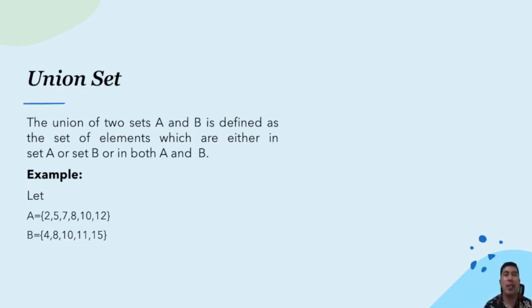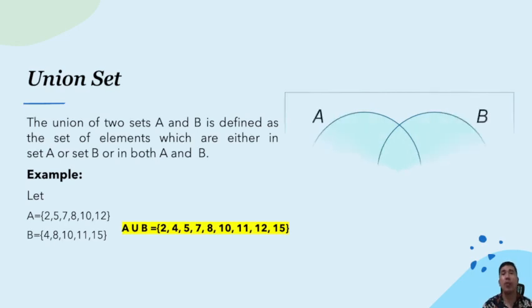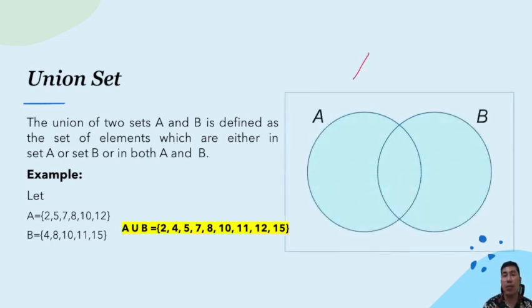Let's say for instance we have set A, which has elements 2, 5, 7, 8, 12, and 10. And then we have B, which are 4, 8, 10, 11, and 15. If we create a union of these two sets, we come up with 2, 4, 5, 7, 8, 10, 11, 12, and 15.